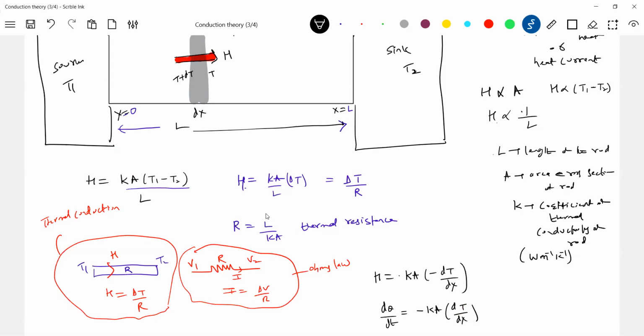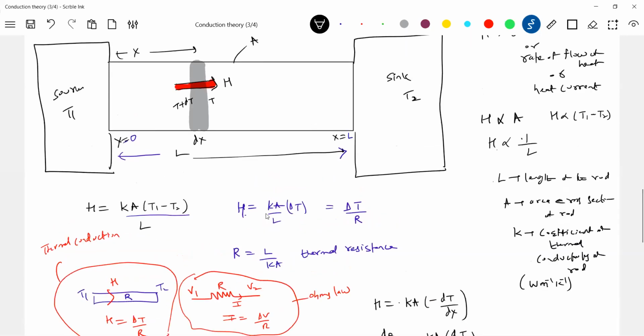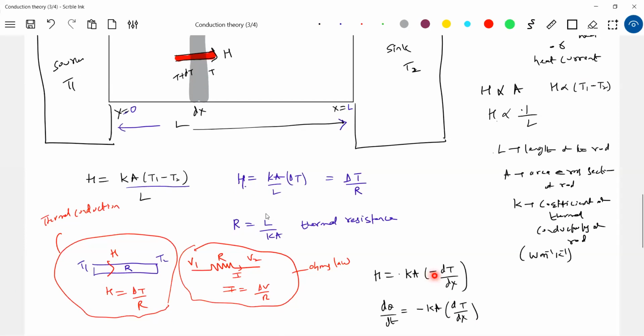What do you mean by negative sign? As x increases, the temperature decreases. So therefore, a negative temperature gradient is established here. This is the form we'll be using in numericals.